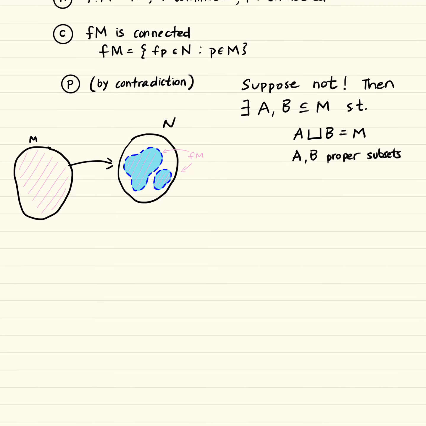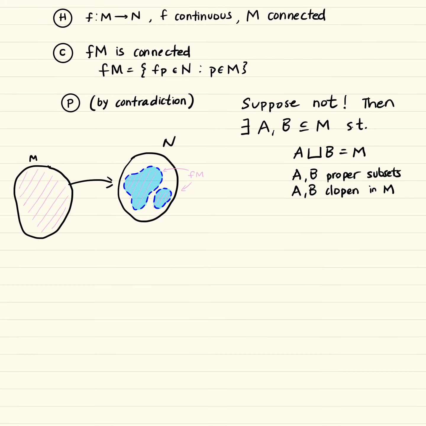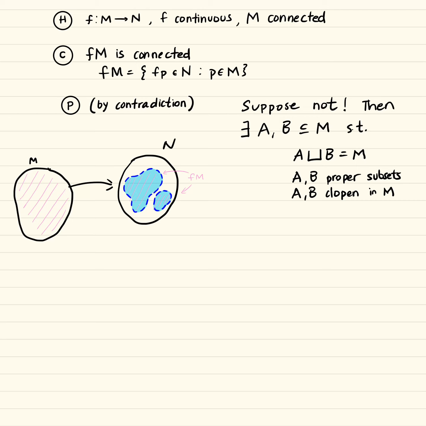And lastly, A and B are clopen in M. Now, in my little picture over here, we could say maybe this first one here is A, and the second component here is B. All right, now what's wrong with that?